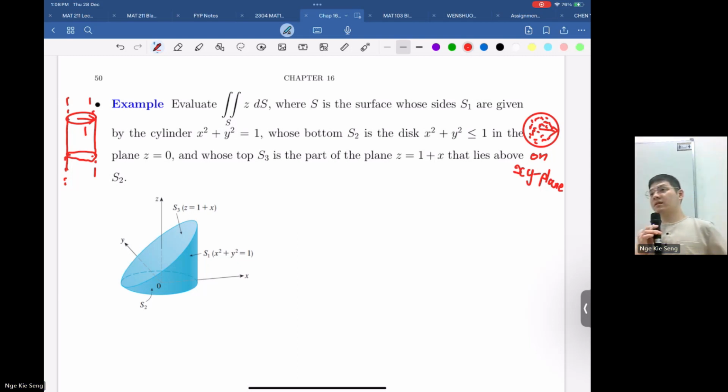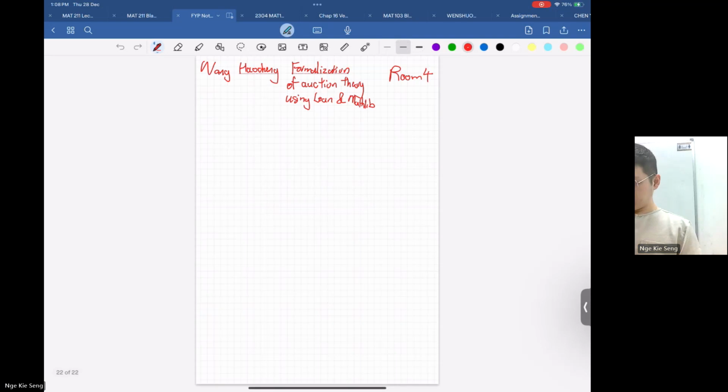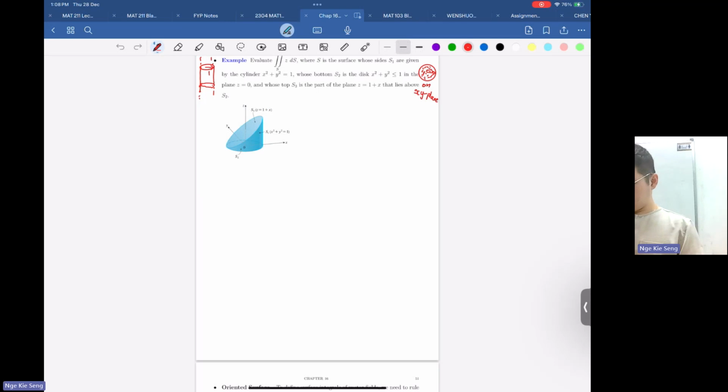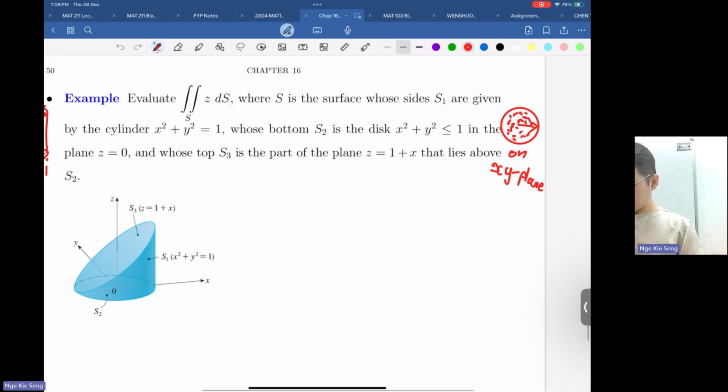What's the normal vector of this plane? 1, 0, minus 1. If you rewrite this into x minus z minus 1, you get the normal vector 1, 0, minus 1.